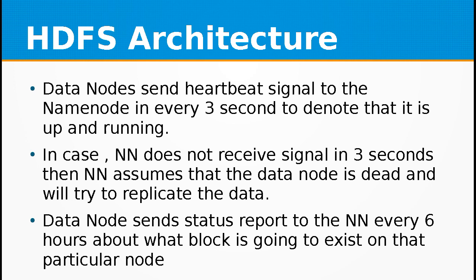However, this can be configured to a different number by the Hadoop administrator. This information is simply the block status report of the data node, which is sent once every 6 hours to the name node, with complete detailed information about which blocks exist on that particular data node.